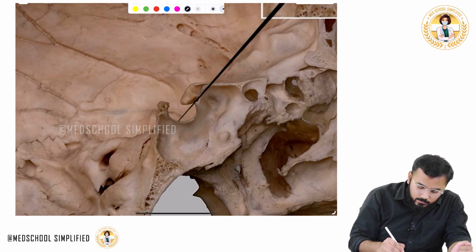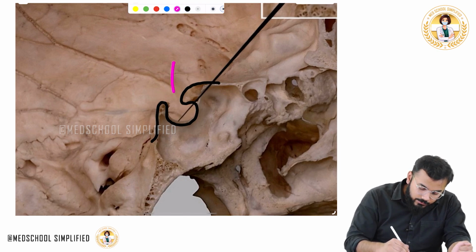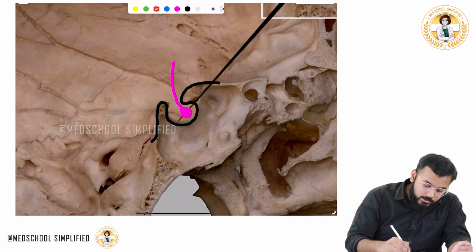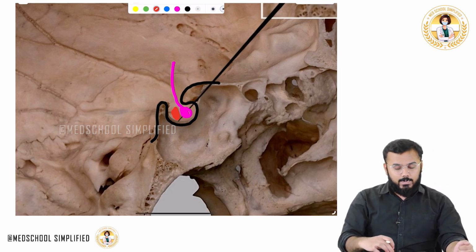You see this cavity over here? This cavity is called the sella turcica of the sphenoid bone. Within it, you see first the pars nervosa, and just attached to it, another structure called the anterior pituitary gland.